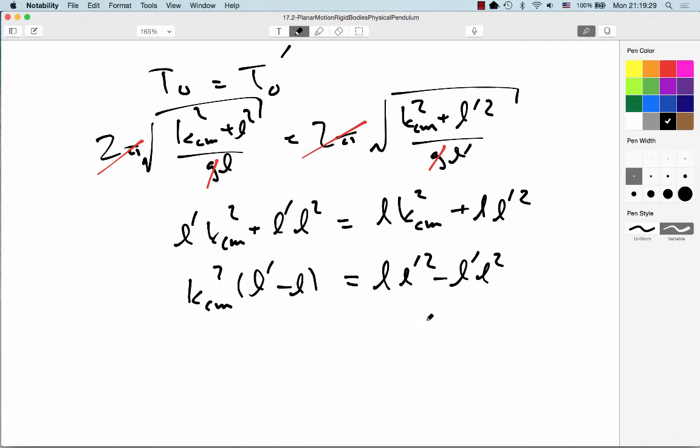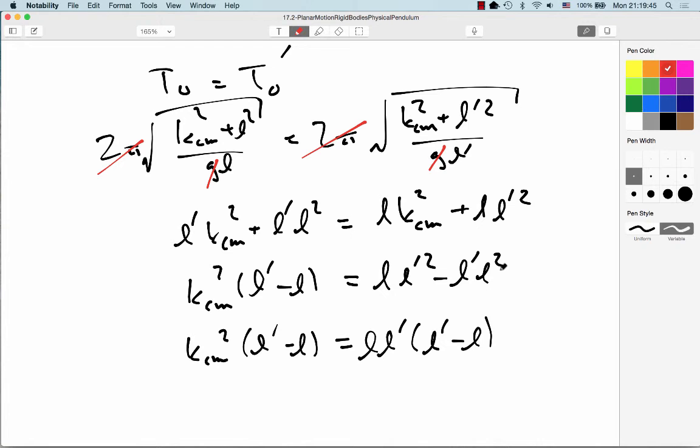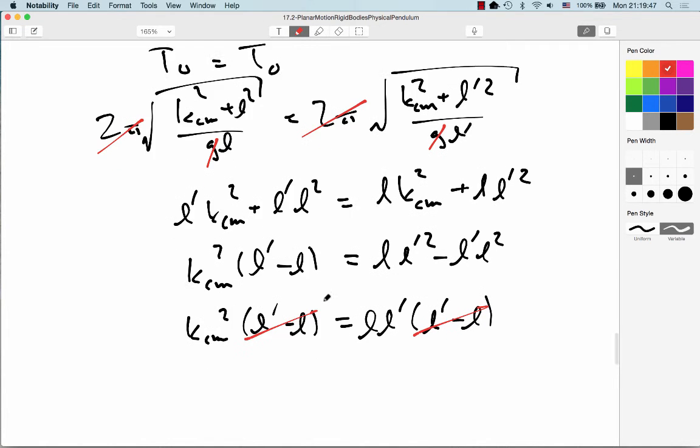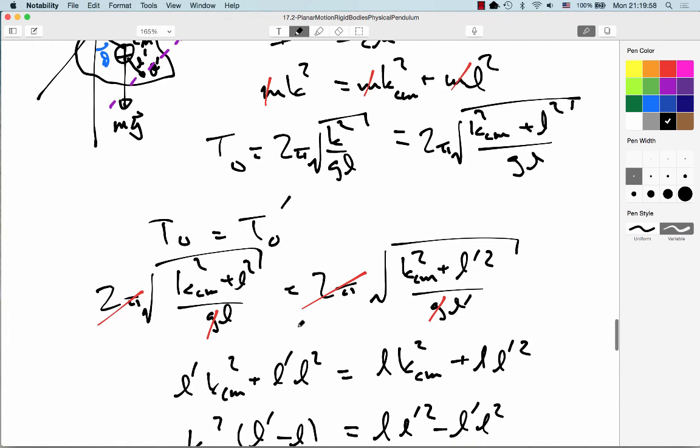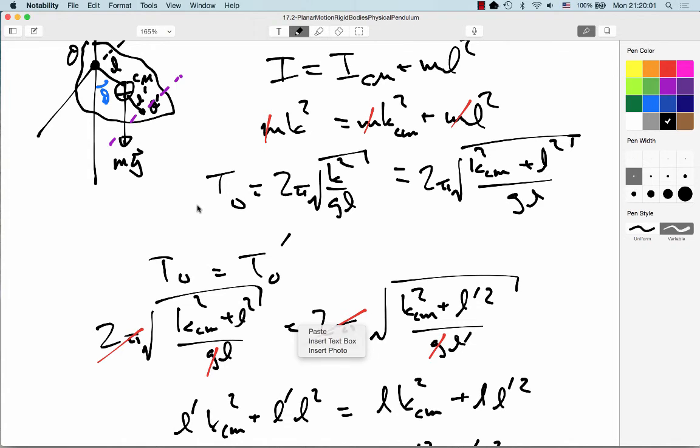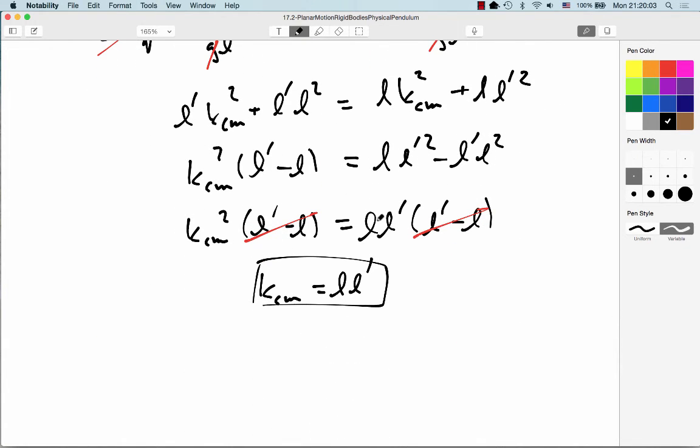If I look at that, I realize that I have K_CM squared times L prime minus L. I can actually pull out an LL prime from both of these, LL prime, and I'm left with L prime minus L. Cancel, cancel. So I get the result that K_CM squared equals LL prime. So my L prime to find my center of oscillation will be equal to K_CM squared over L.